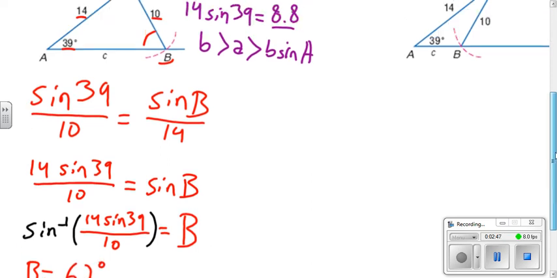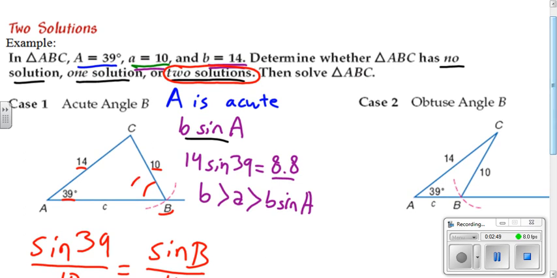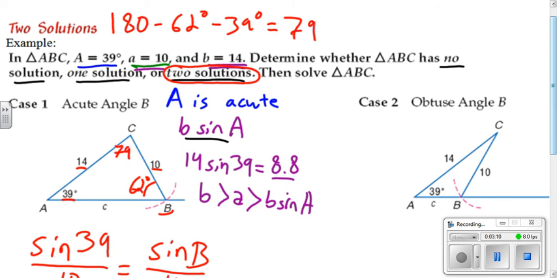So we can plug it in here and say we have 62 degrees. Once we know that, all triangles have 180 degrees, minus the 62 degrees that is B, minus the 39 degrees that is A, which means we're left with 79 degrees as our C value, right there.